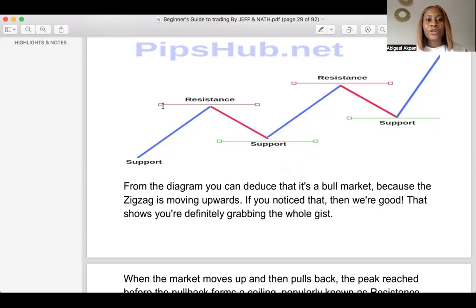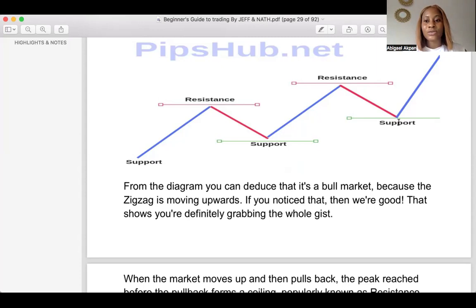Now, you see that this resistance has been broken. When you draw your trend line to this place, this resistance is supposed to respect this former point in price. But because it broke it and created another higher high here, this resistance has been broken. It's what created this higher high.